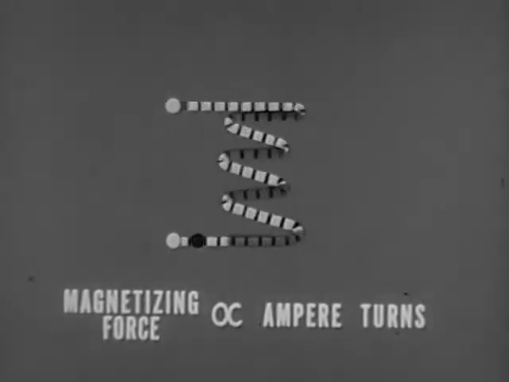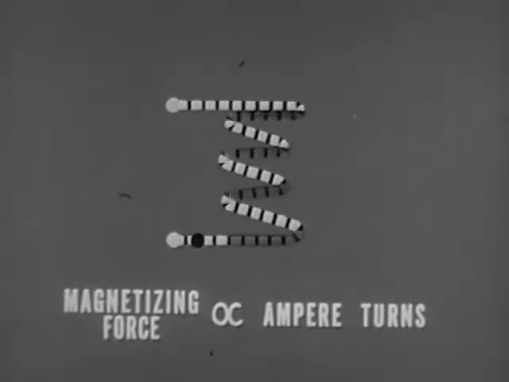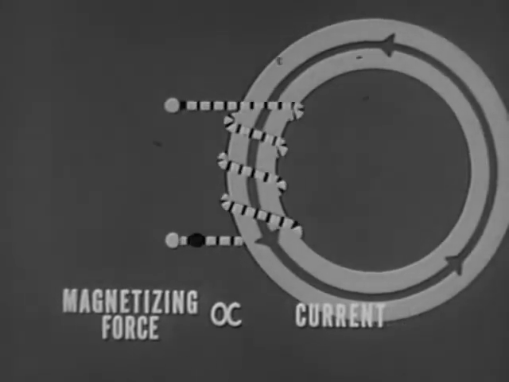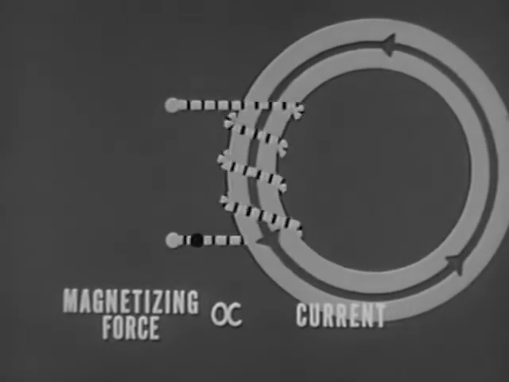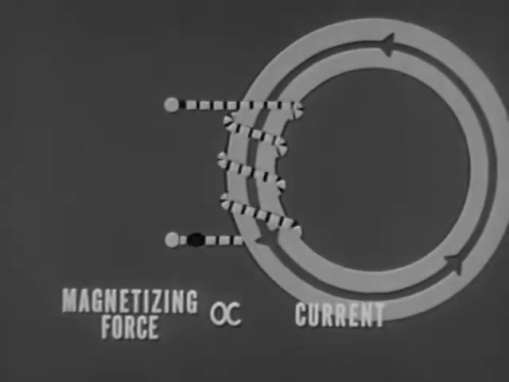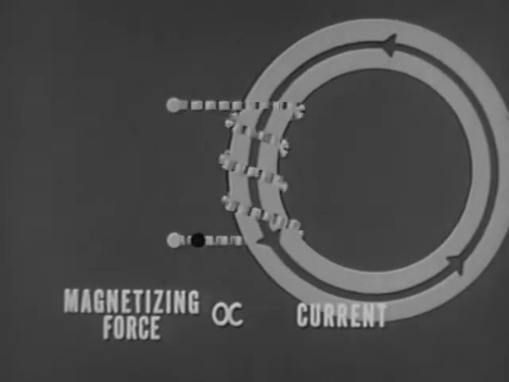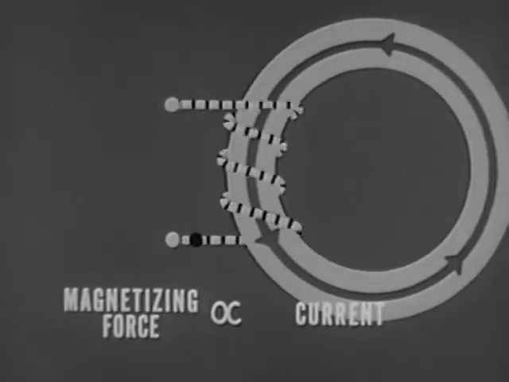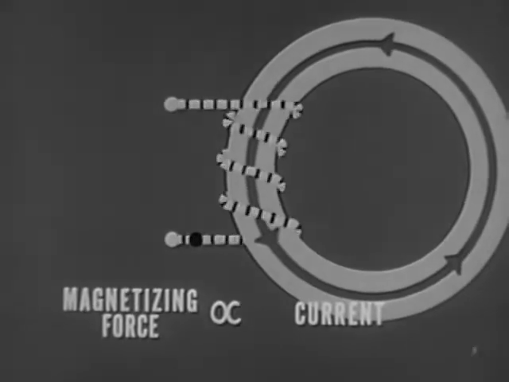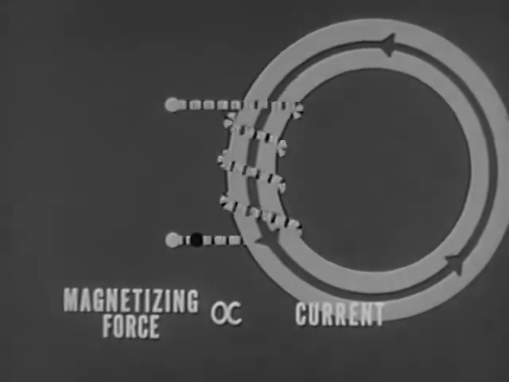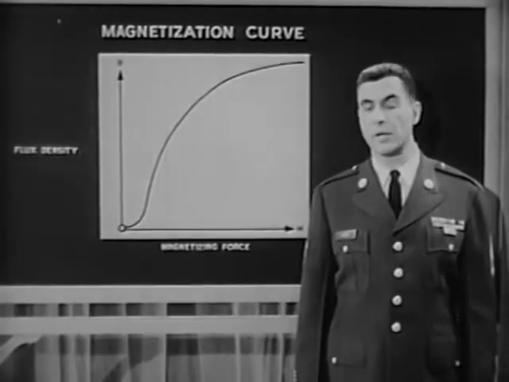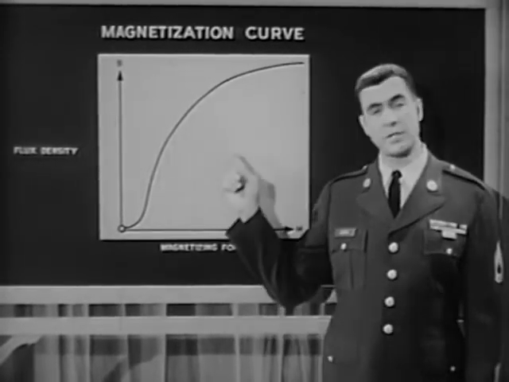Since the number of turns in this winding is constant, we can simplify the rule here. The magnetizing force exerted by the winding on the core is proportional to the winding's current. Suppose we increase the amount of current. Will the total magnetism of the core also increase? It will, but not proportionately, as we'll see on this graph.